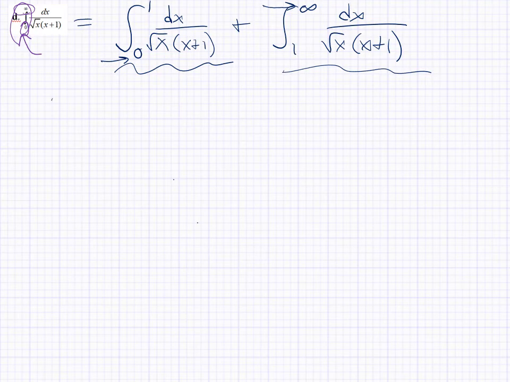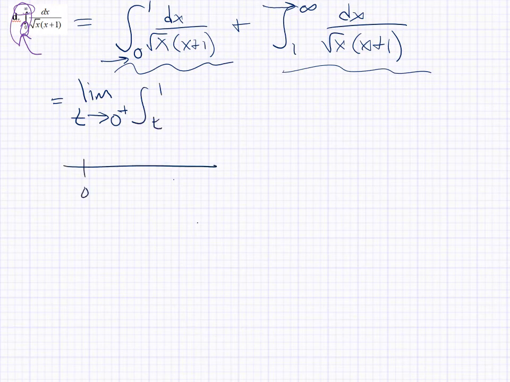So to fix the first improper component is to get rid of the 0. So I'm going to do the limit as t approaches 0 from the right of the integral between t and 1. Again, from the right, because I have 0 to 1 as my interval. t is going to be inside that interval, and t would have to approach 0, in this case from the right.